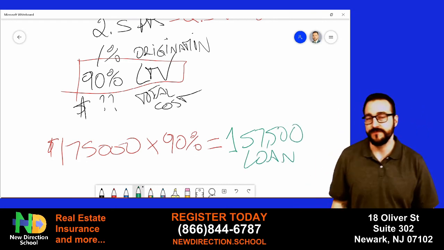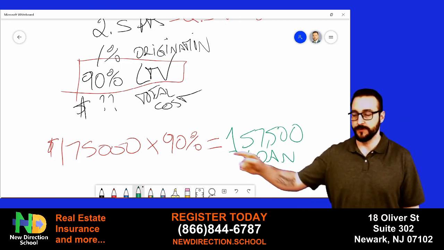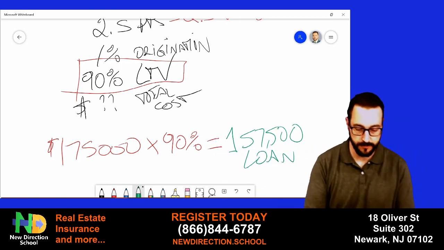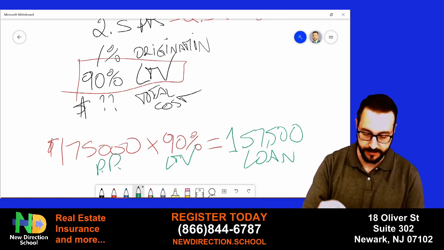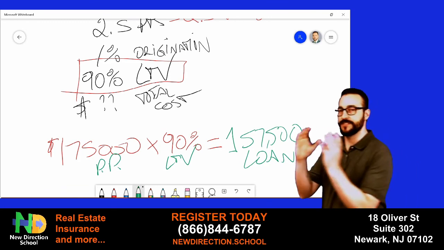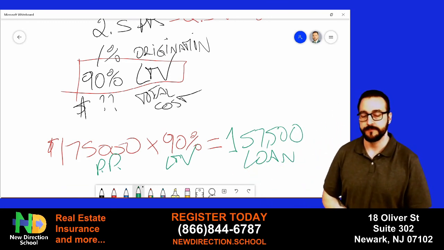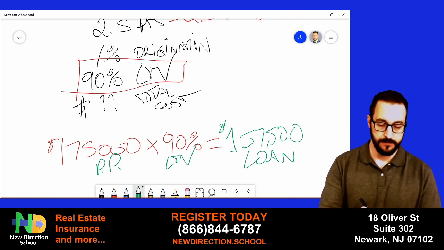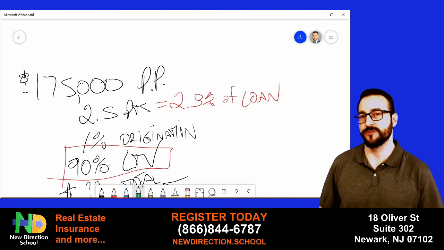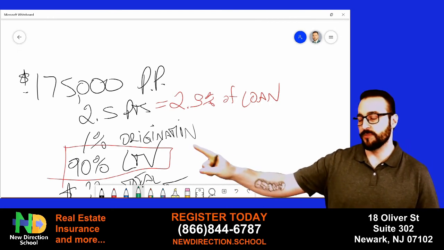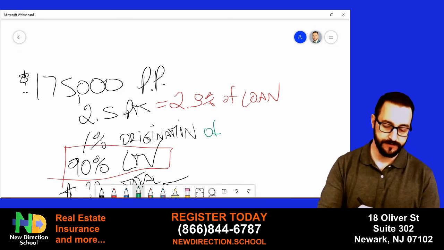So 157,500 is the loan amount because we had the LTV, remember? Just write it here. LTV, purchase price. Purchase price times the LTV gives us the loan amount. Okay? So we know we have to pay 2.5% of the loan and 1% origination.